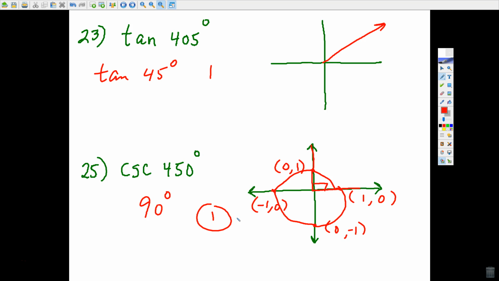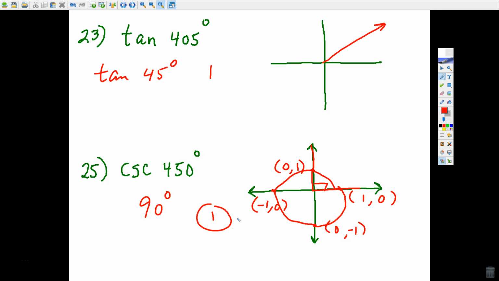So tell me again, John, what is sine 180 degrees? Well, cosine is x, sine is y. So sine 180 is 0. Lily, what is cosine 90? 0. Ruthie, what is sine 270?